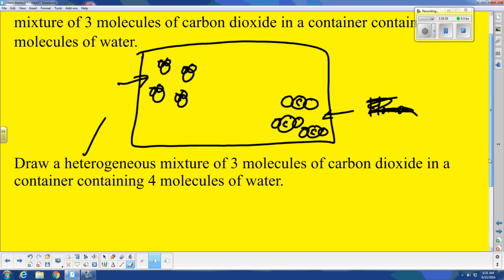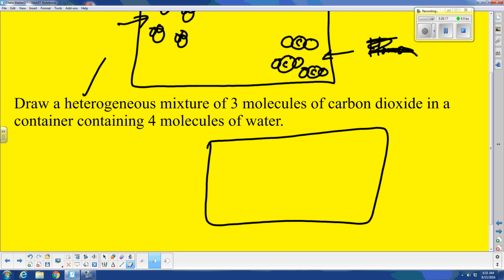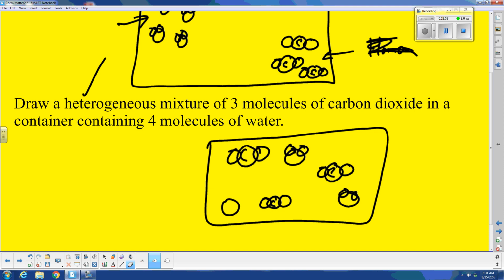Good. And then what would be my homogeneous? Homogeneous would mean that it has a uniform composition. So that means I'm going to want to spread everything out. I'm going to want to have one carbon dioxide up here, and then maybe a water somewhere up here, and then maybe another carbon dioxide over here, and then another water over here, and then another carbon dioxide over here, and maybe a water over here, and I need another water somewhere.